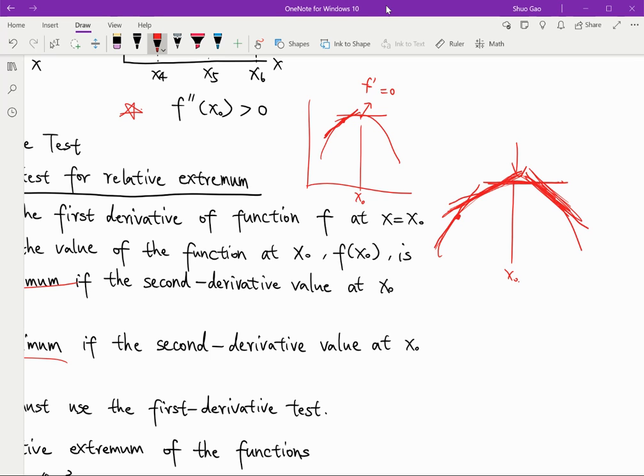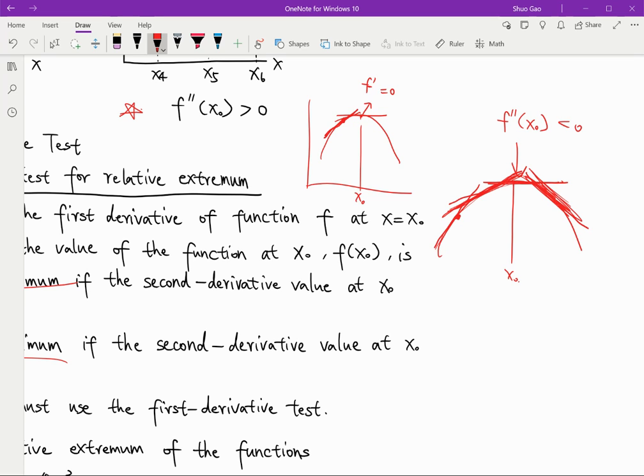So f double prime x at this point is the change of the first derivative, or the change of the slope. This should be a negative number, because from left to right the slope decreases from a positive number to a negative number.